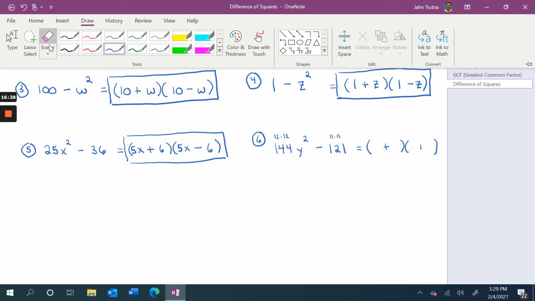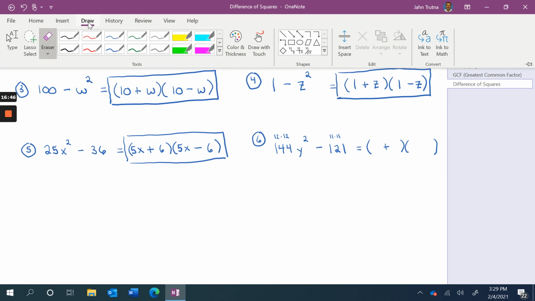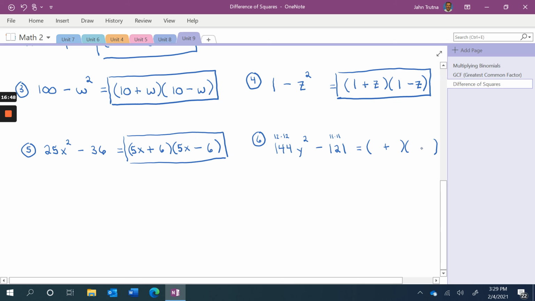Oops, I messed up. I got to erase. Sorry. It's going to have a subtraction symbol right there. Okay. 12 times 12 is going to give me 144. So I'm going to start each quantity off with a 12y and a 12y. I'm following the rule.